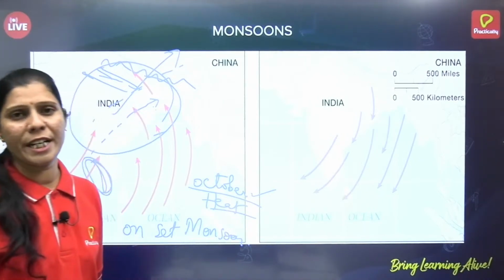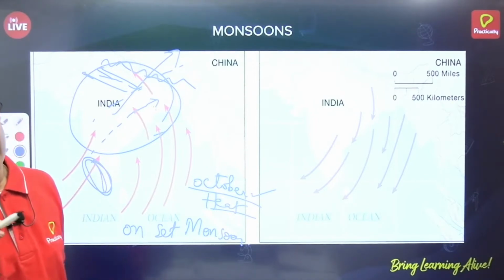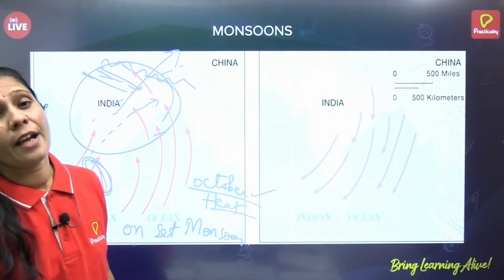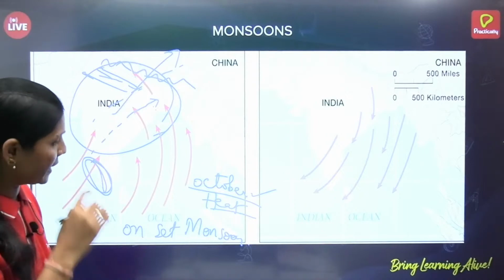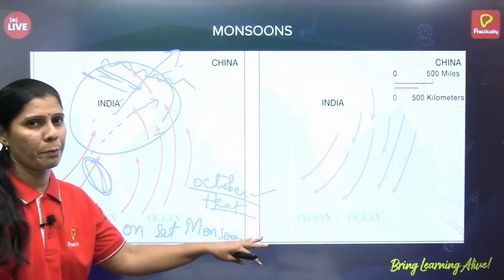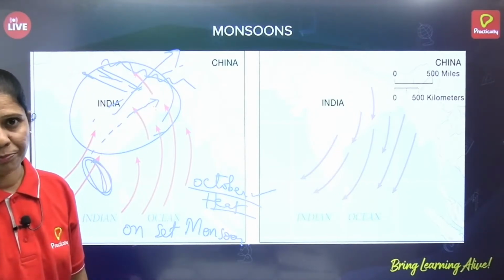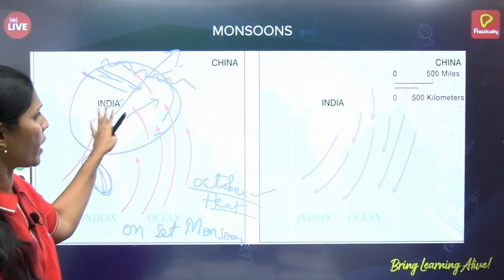October heat is nothing but, due to the empty clouds, excess heat is absorbed by the land masses, and due to the October heat, low pressure is created here again, isn't it? Do you understand what I'm telling?